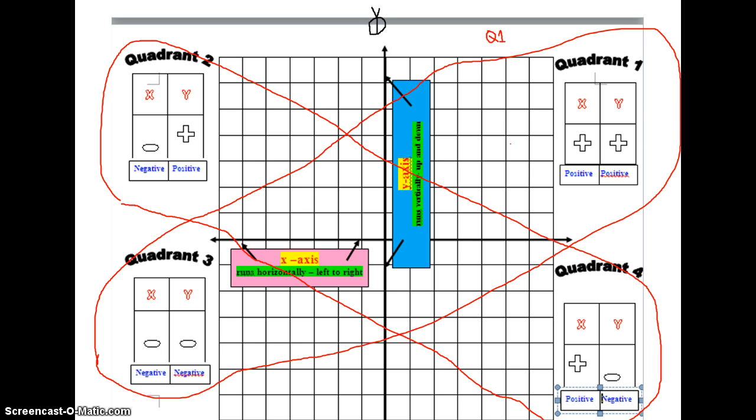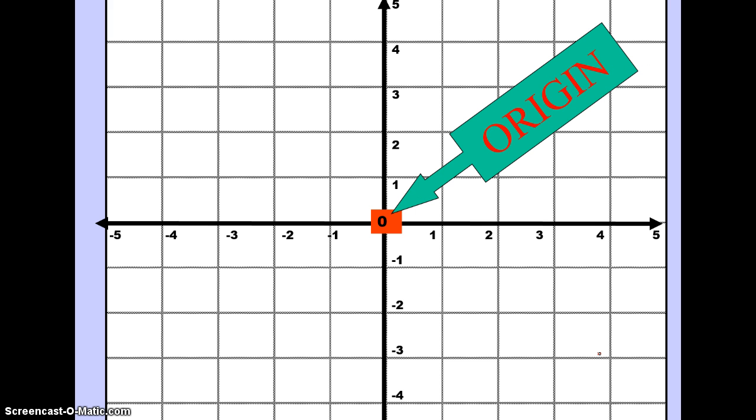And then opposite quadrants are opposite each other. So quadrant 1, both positive. Quadrant 3, both negative. Quadrant 2, x is negative, y is positive. Quadrant 4, x is positive, y is negative. So in our diagonals, we kind of have the opposite thing going on. Just something to observe.